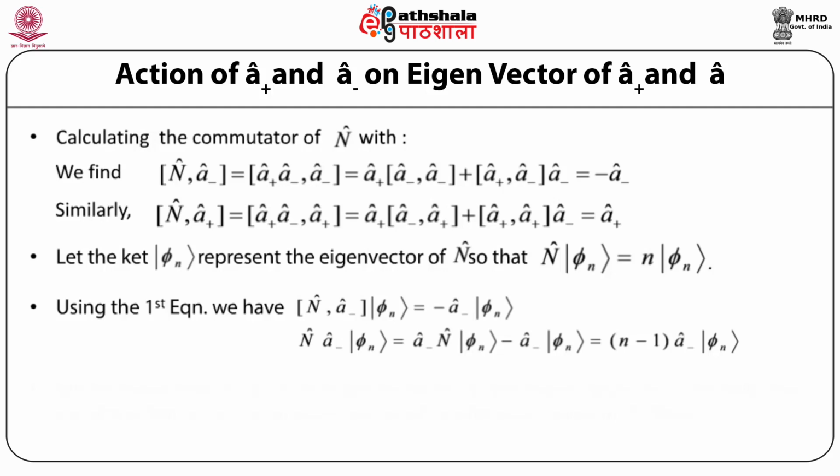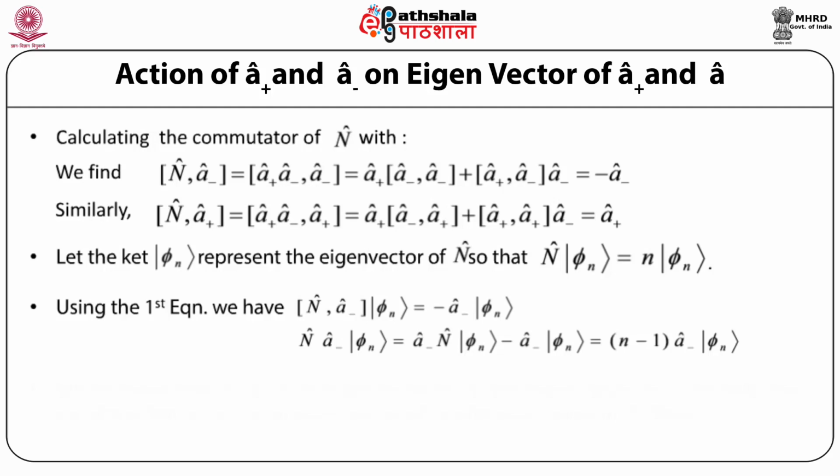Now, using the equation for the commutator between the number operator and the lowering operator, and substituting it over here, we get the commutator of the number operator and the lowering operator acting on the eigenvector phi n is equal to minus the lowering operator a minus times the eigenvector phi n.